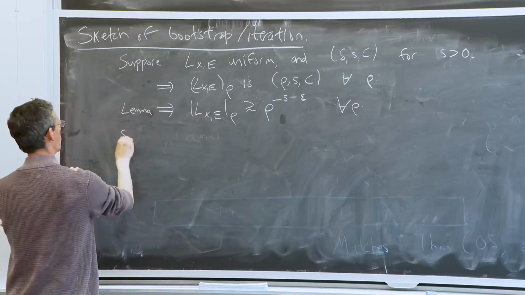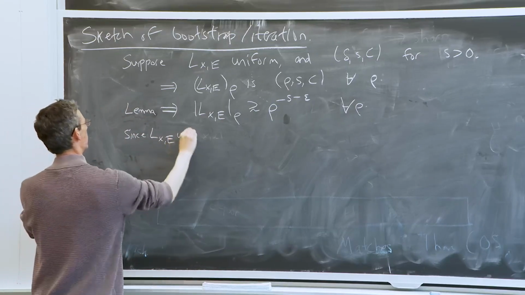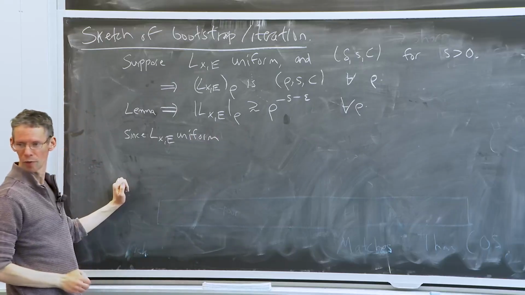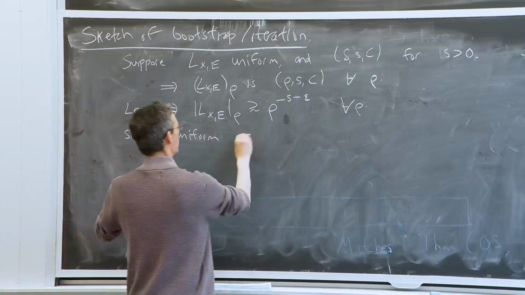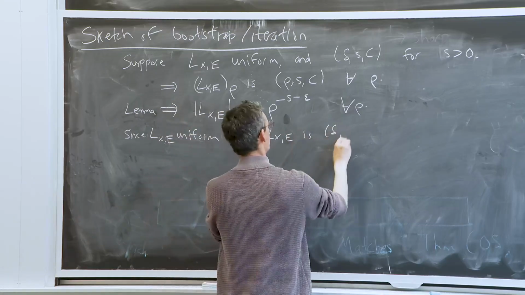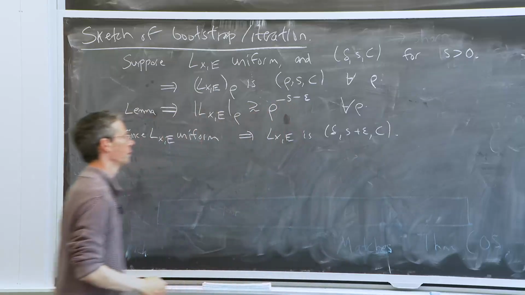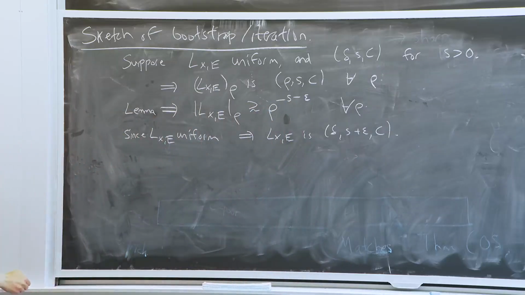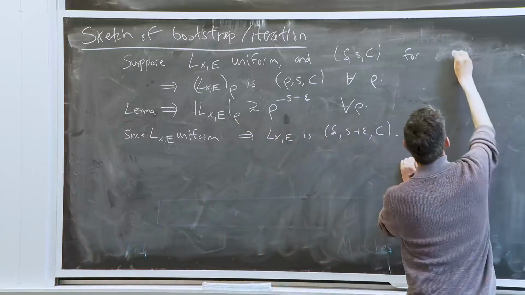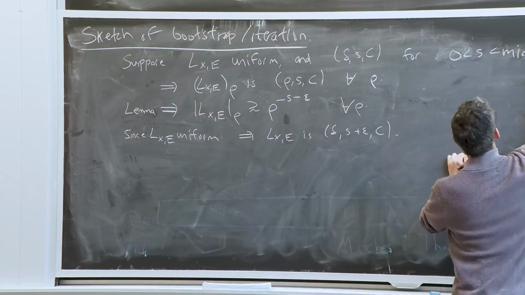And now since we have a uniform set, and since these rho covering numbers are a little bit bigger than expected, it tells us that LXE is a delta s plus epsilon C set. Actually, here I needed to put 0 is less than s is less than the minimum of u and 1.